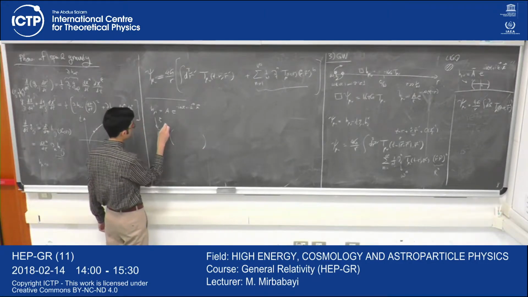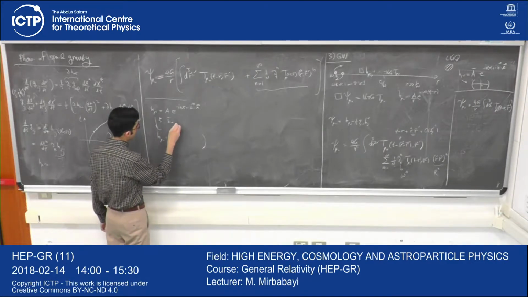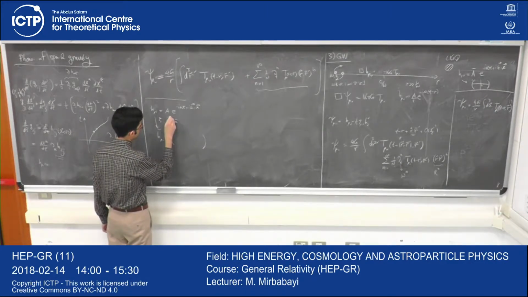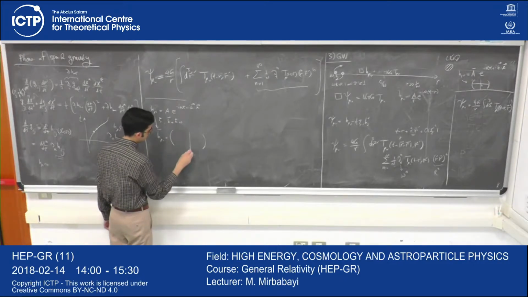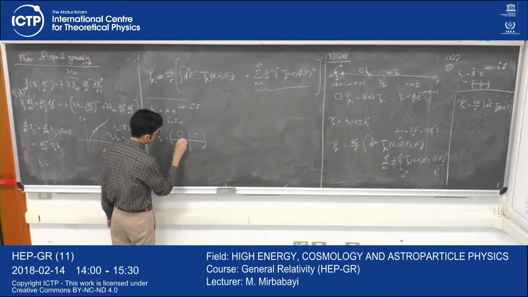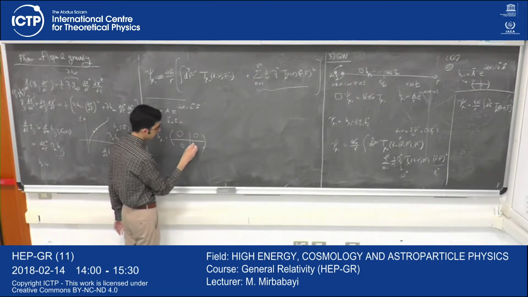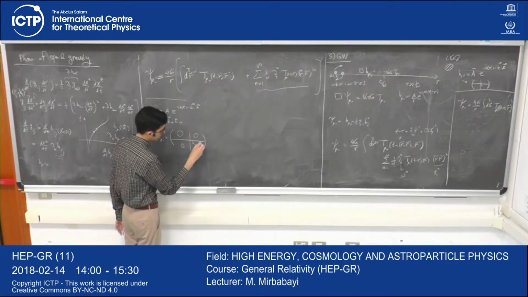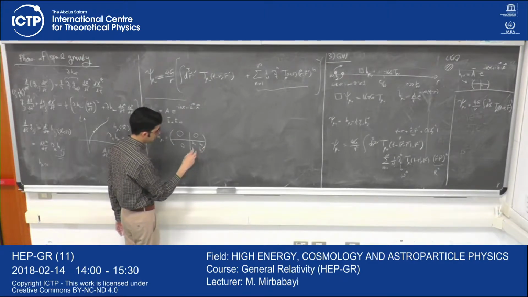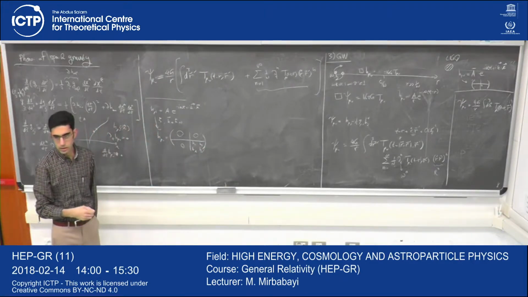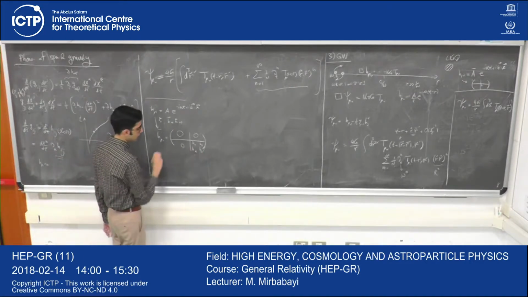Let's imagine k is along x, k is x hat times omega. Then you can bring it to the form in which it has zeros everywhere except in this yz block. When you have h plus and h cross, you only have non-zero components here and here.